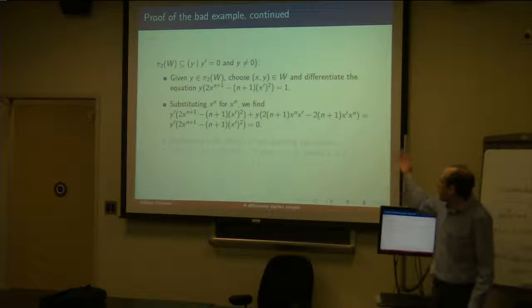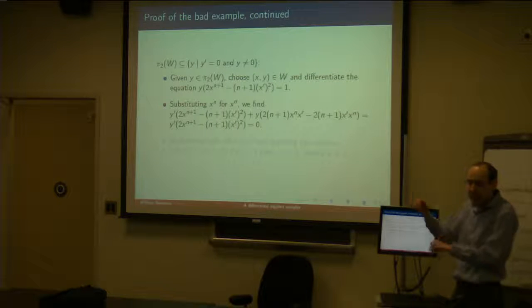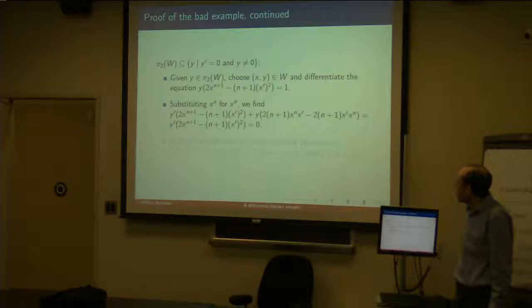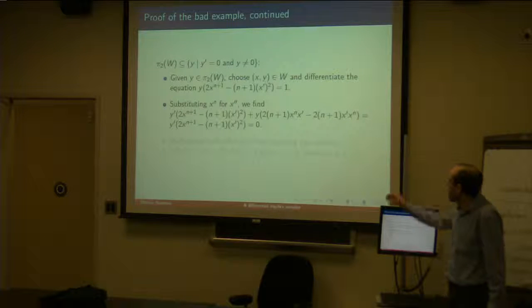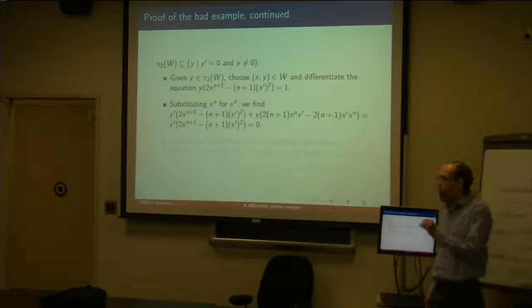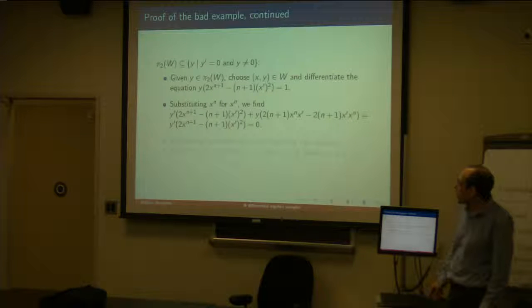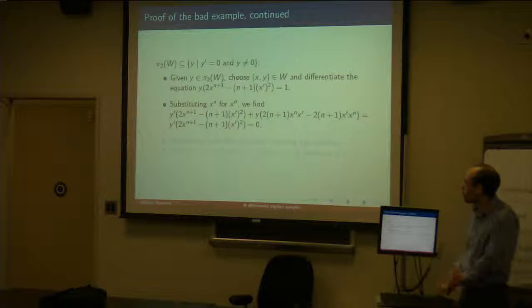Because of the S-polynomial-like way that we chose the coefficients and exponents, the second summand vanishes, and we're left with this y prime times 2x^(n+1) minus (n+1) times x prime squared equals 0.